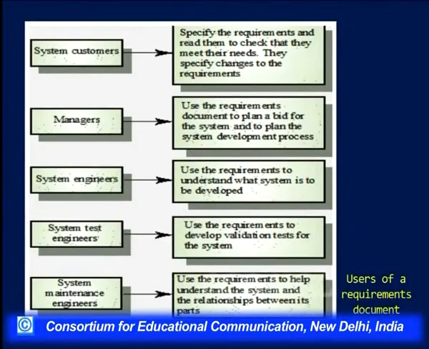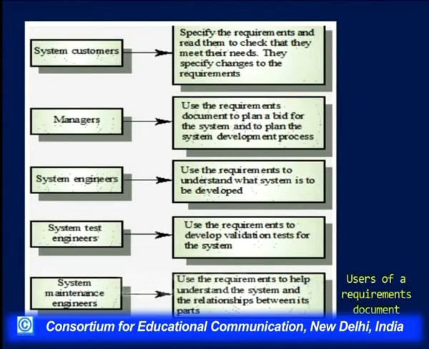So now we can see that there are various users of the requirement documentation. We've already prepared a requirement specification document, and a couple of users in the company will use it. The first among these is the system customers, the people for whom the software has been developed. They specify the requirements and then read them to check whether they meet the needs of the system or not.